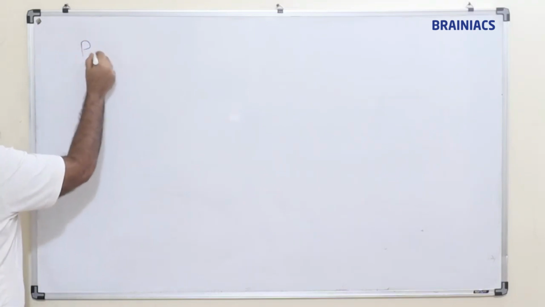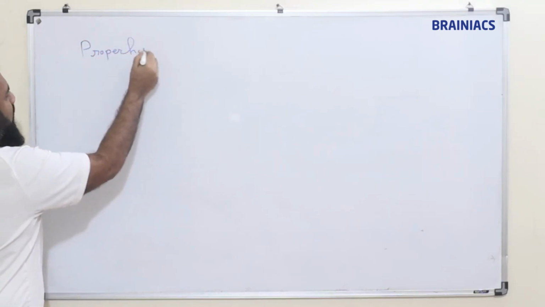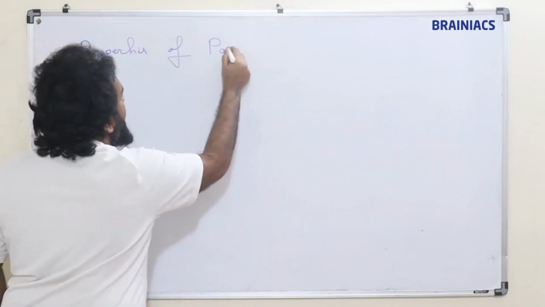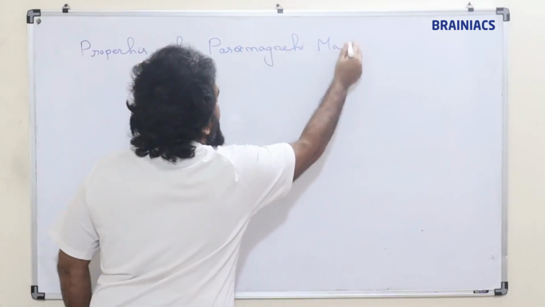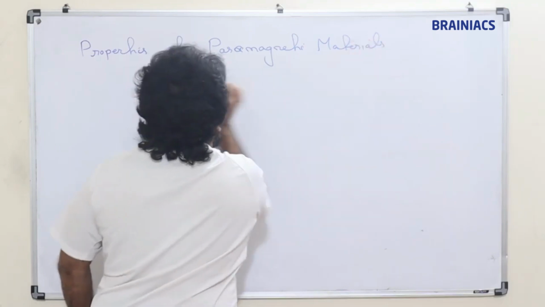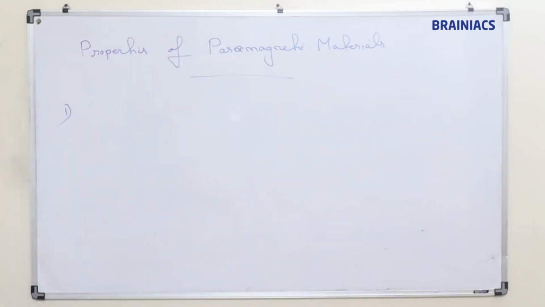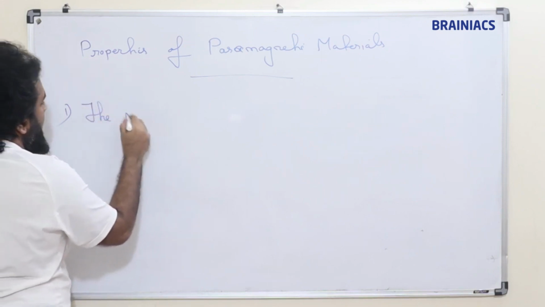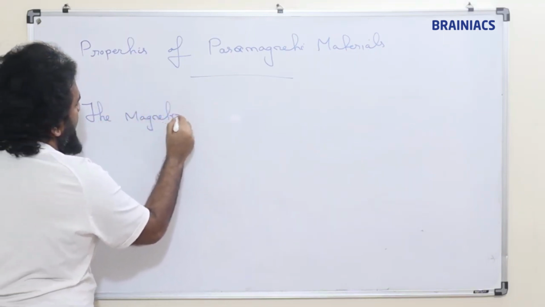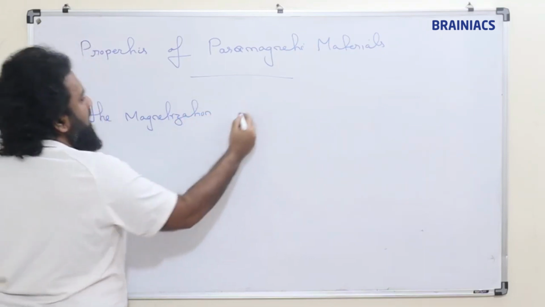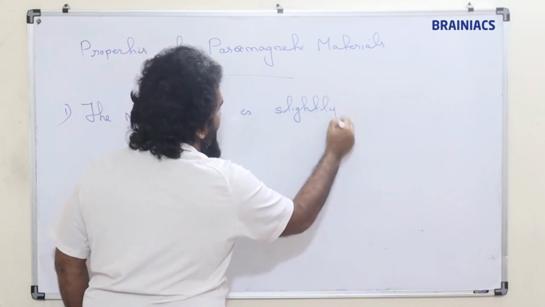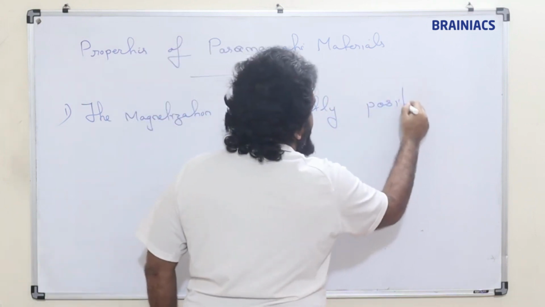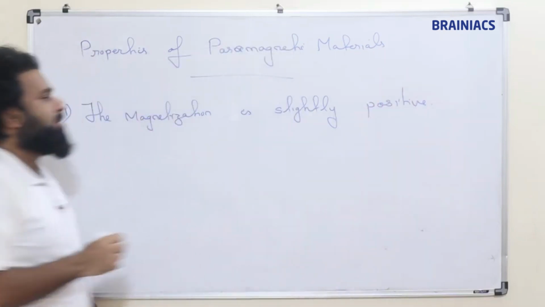Okay, properties of paramagnetic materials. Number one, the magnetization I is slightly positive. Clear?